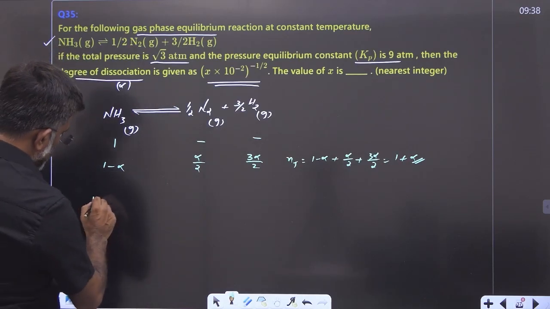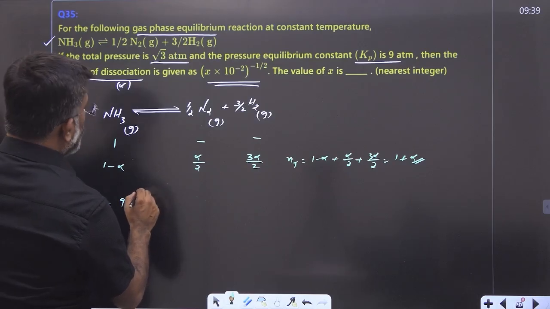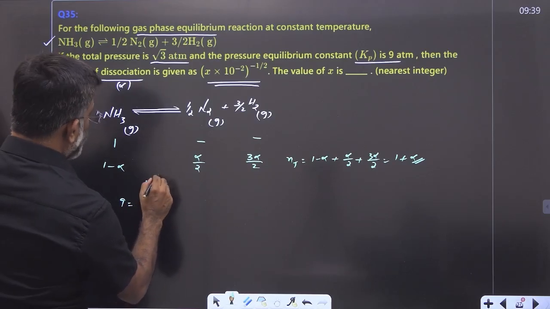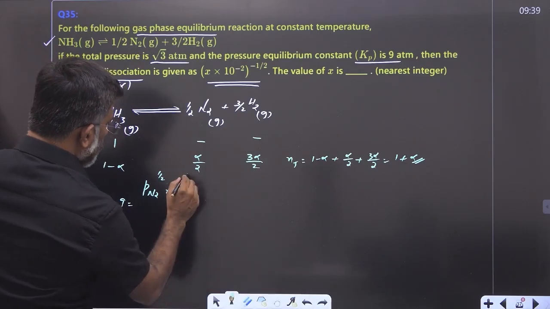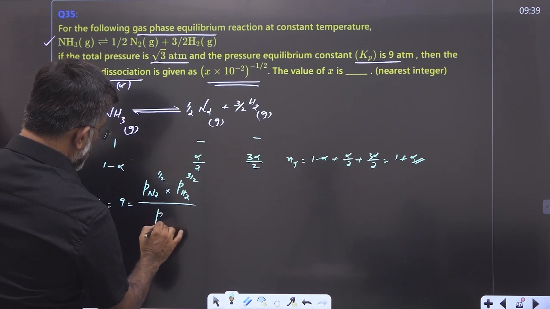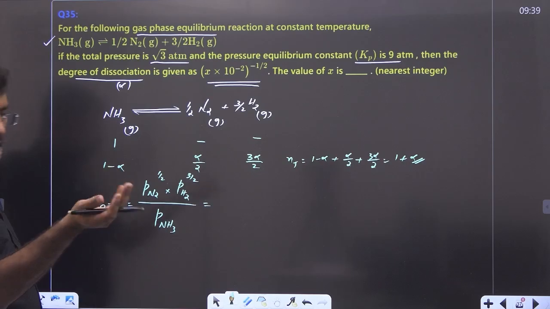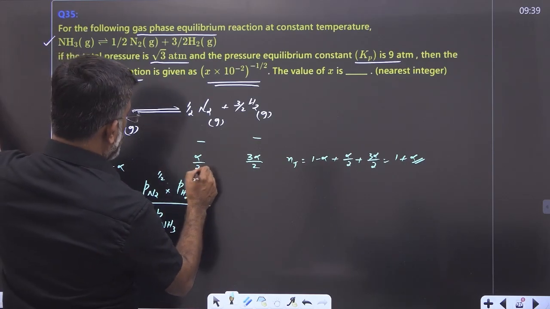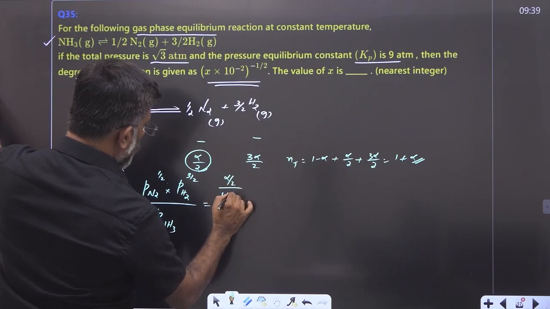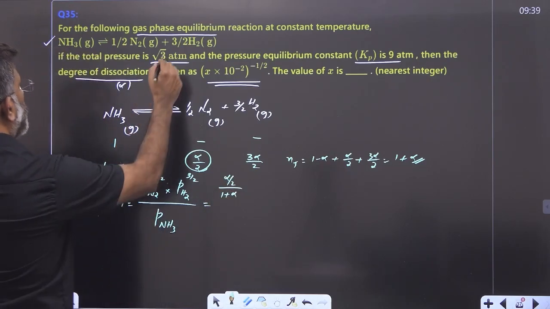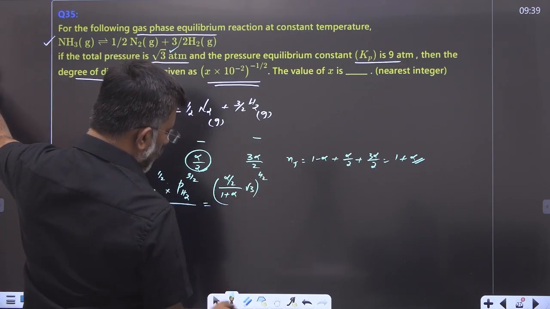Now we can relate Kp, given as 9, equal to pressure of N2 raised to half into pressure of H2 raised to 3 by 2 divided by pressure of ammonia. And pressure is mole fraction into total pressure, mole fraction of nitrogen being number of moles divided by n total. So it is alpha by 2 by 1 plus alpha into total pressure root 3, raised to half.